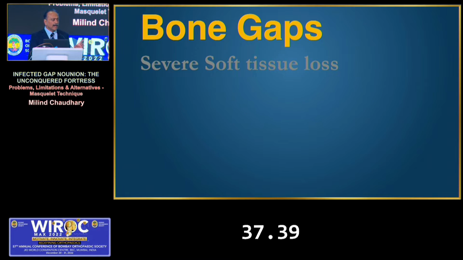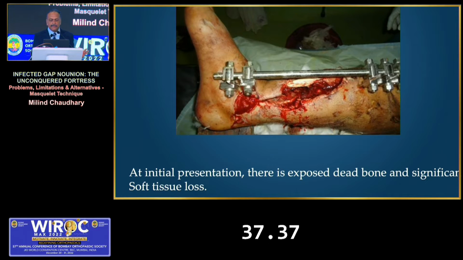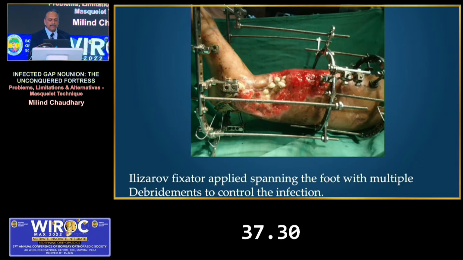So depending on how much time I have, what about a young guy like this with a big bone gap, subacute trauma, 3 months down the line? If you want the Masquelet to succeed, you need to have very good soft tissue cover. So compulsorily you need to have a flap that's put in place and the problems that go along with it.